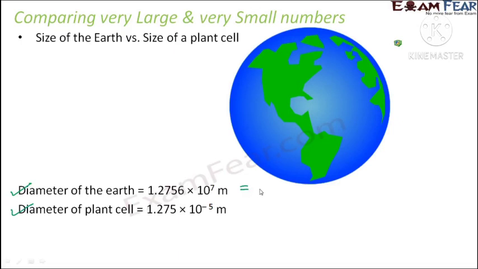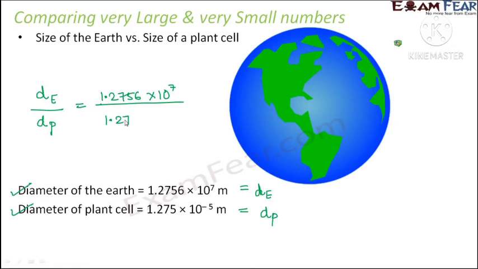So let's denote the diameter of the earth by dE and the diameter of the plant cell by dP. So the ratio of the earth's diameter to the plant cell's diameter would be equal to 1.2756 into 10 to the power 7 divided by 1.275 into 10 to the power minus 5.